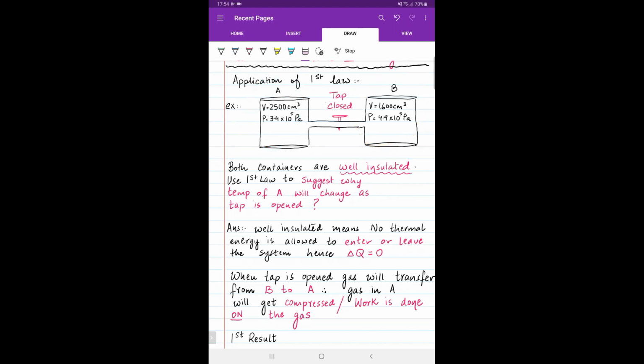Now, the wording of the question says, both containers are well insulated.